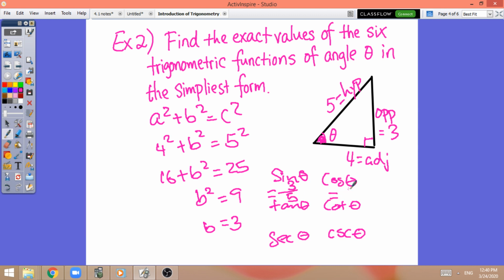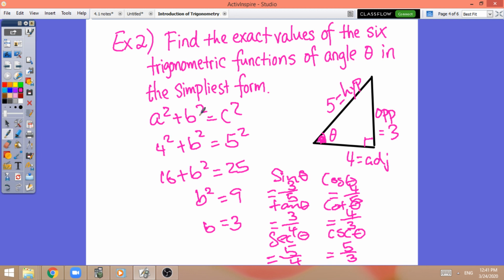Cosine of theta is 4/5. Tangent of theta, opposite over adjacent, is 3/4. Cotangent of theta, adjacent over opposite, is 4/3. Secant, hypotenuse over adjacent, is 5/4. And cosecant of theta is 5/3.